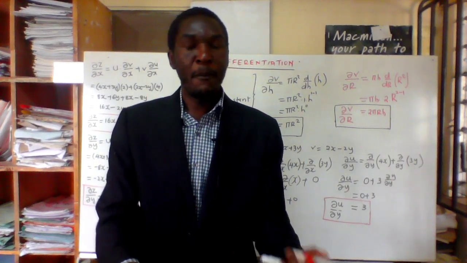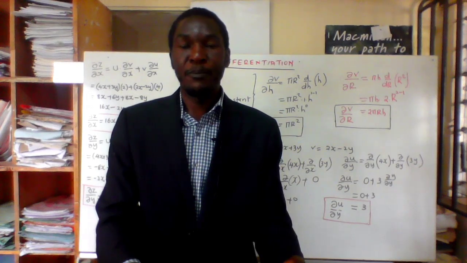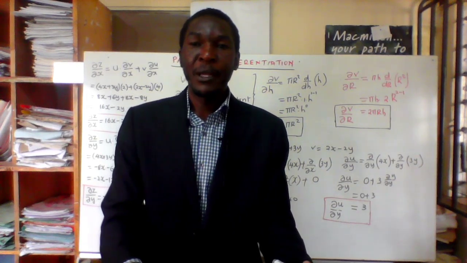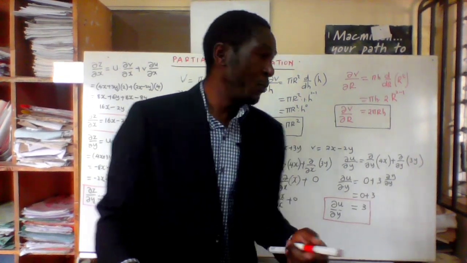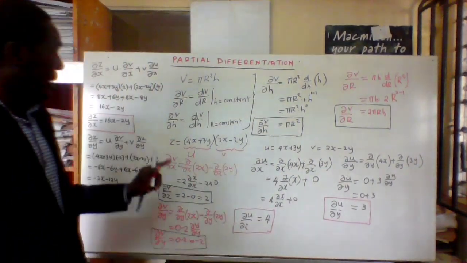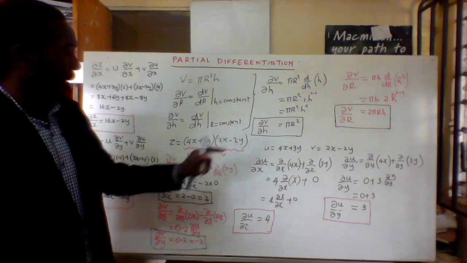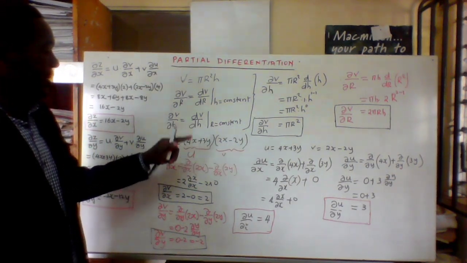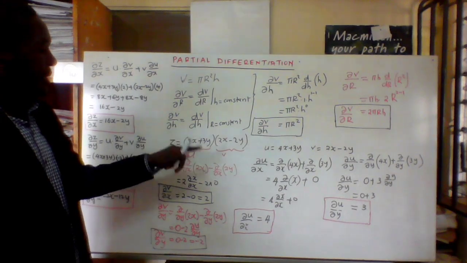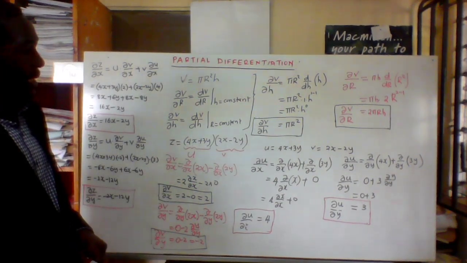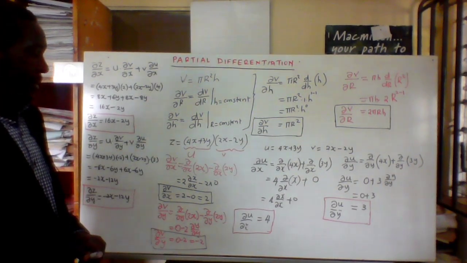That's what you call partial differentiation. Perhaps we do another example, and we can repeat that same question by expansion. So you can expand this bracket first, then differentiate partially with respect to x and partially with respect to y, and see if we are going to get the same result.